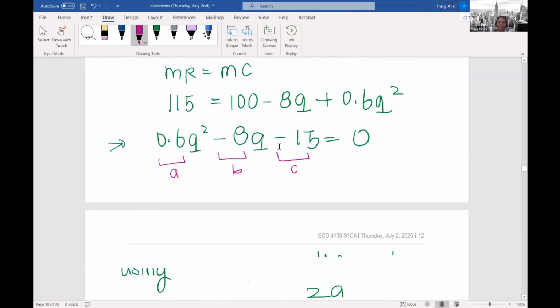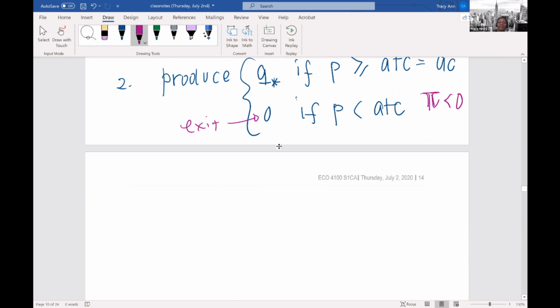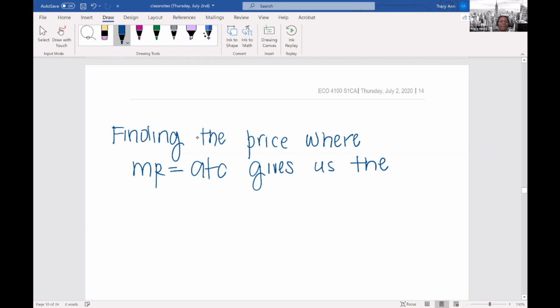So as we scroll down, you can find the firm's long-run price. Finding the price where marginal revenue is equal to the average total cost gives us the firm's long-run decision price.